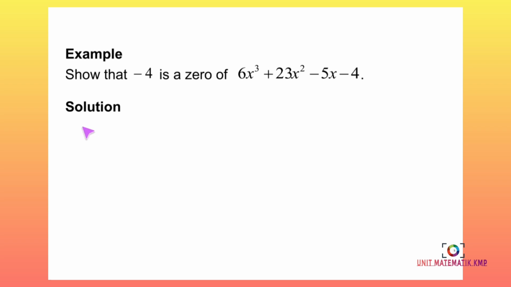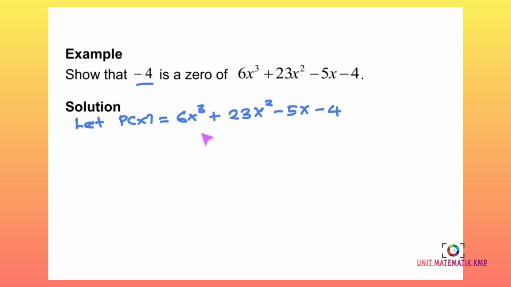Firstly, we need to let P(x) equal the polynomial 6x power 3 plus 23x squared minus 5x minus 4. To show that negative 4 is a zero of P(x), all we need to do is substitute x with negative 4.